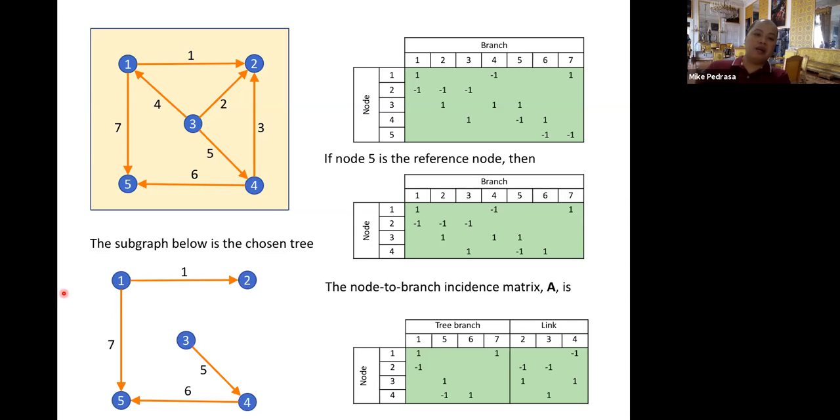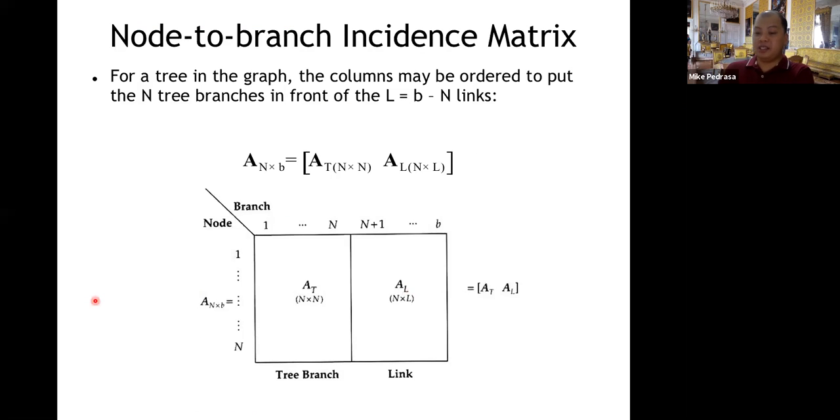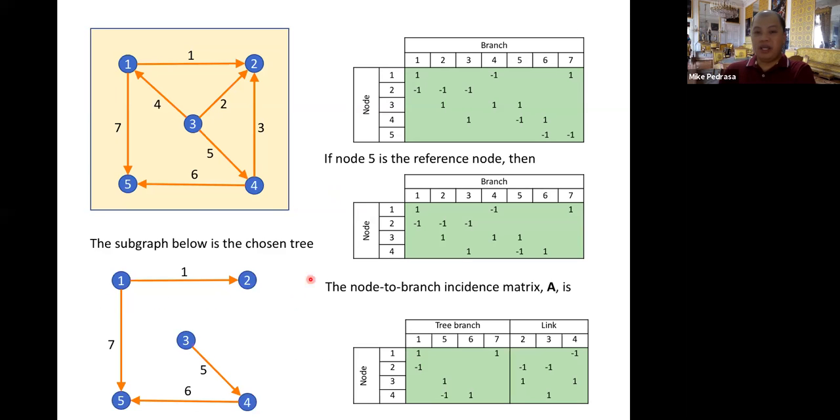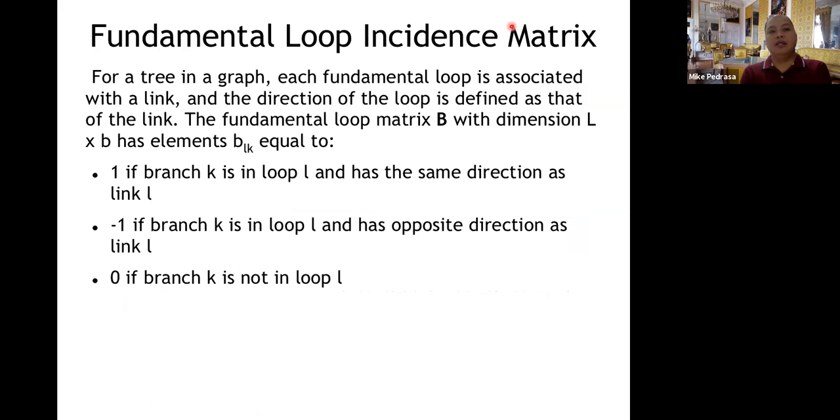At this point, we have defined an incidence matrix, the node to branch incidence matrix, because we can see the connectivity between the nodes and the branches. The next one, another way to represent the interconnection in the network, is through a fundamental loop incidence matrix.